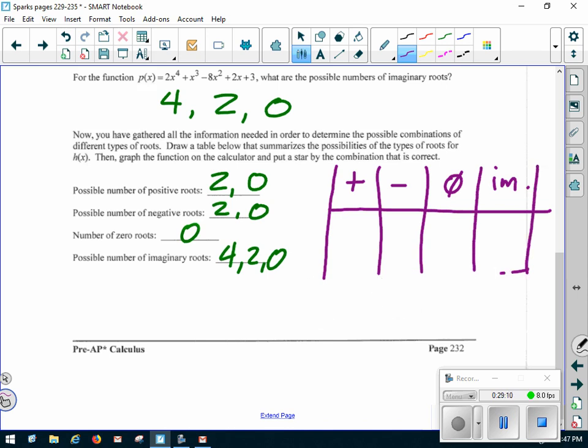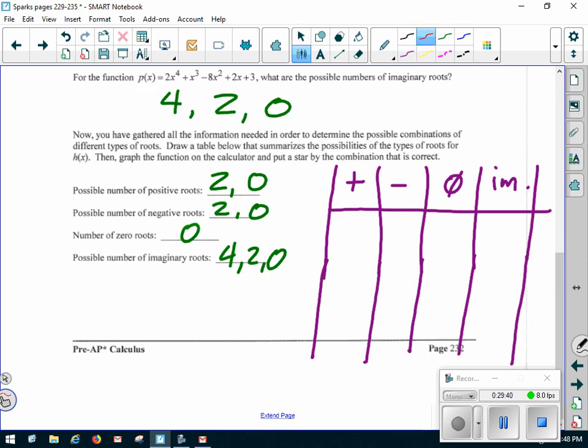Make yourself something like that. You're going to have 4 rows in this particular table. That's just as crooked as it can be, isn't it?